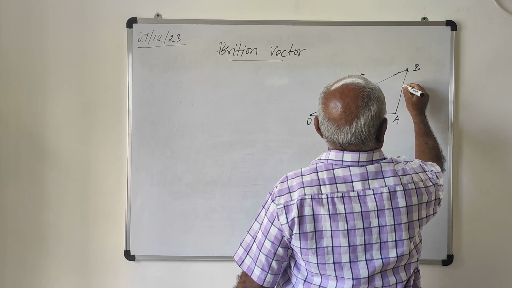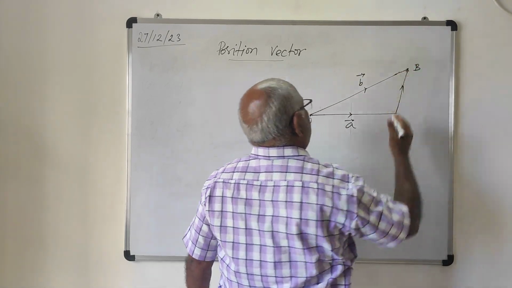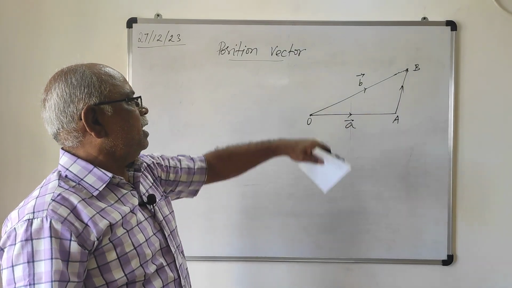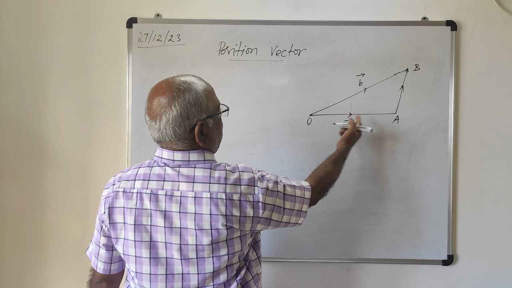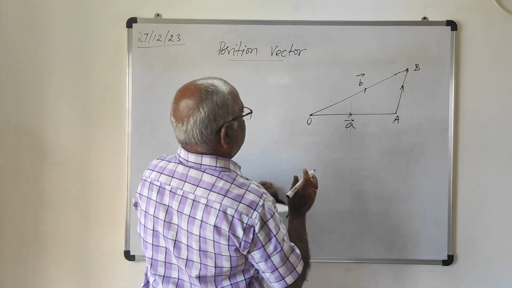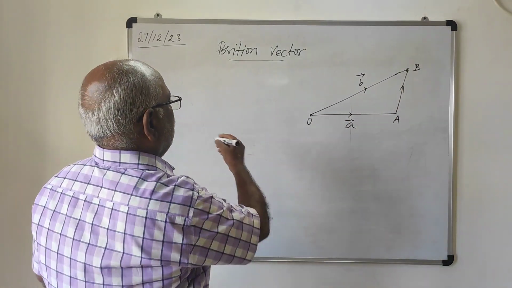Now, what is the vector AB? By using the triangle law of vector addition, we know that, let A and B be any 2 points in space with respect to the origin O.